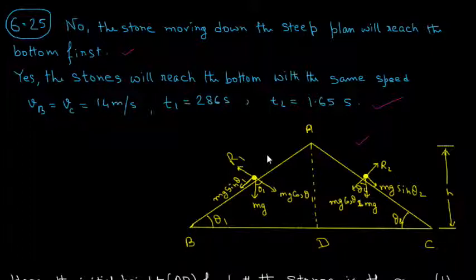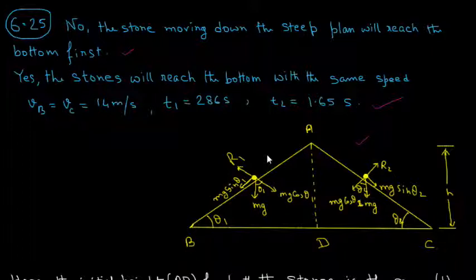Similarly, in triangle ADC, if we draw the free body diagram for the forces, then we can see mg, which is acting vertically downward, and we can draw the components for mg, that is mg sin theta 2 is the component along the plane and mg cos theta 2 is the perpendicular component, which equals the reaction R2.